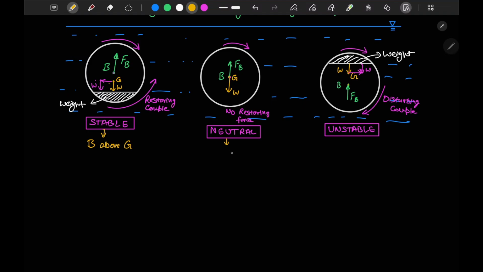Neutral equilibrium means your B and G coincide, and your unstable equilibrium means your B is below G.